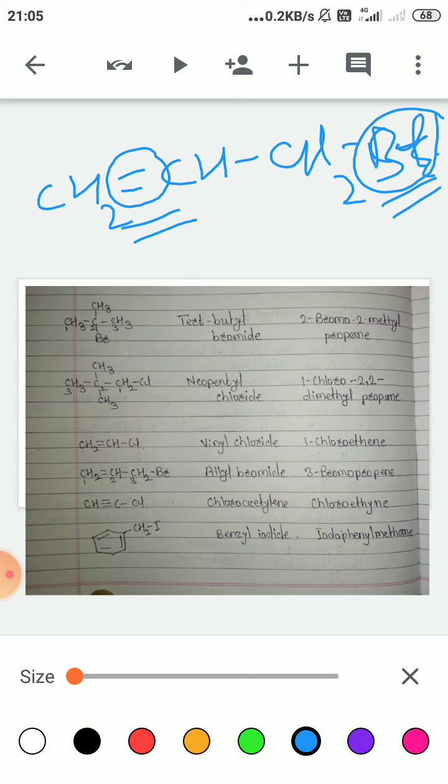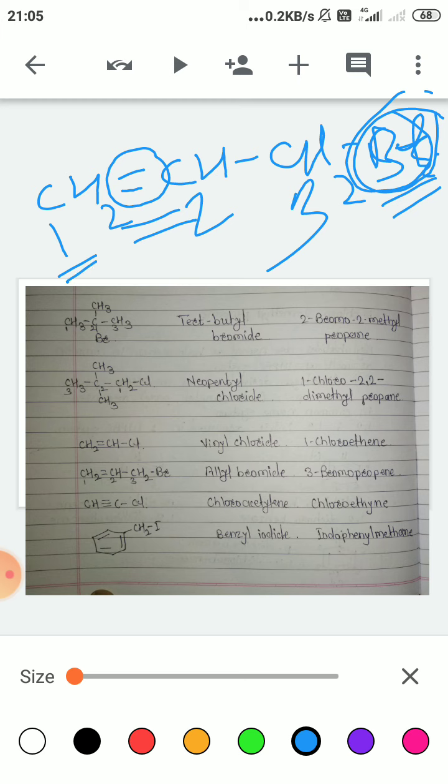Now the name of the compound: we have to number 1, 2, 3. The bromine atom is present on the third carbon atom, and the carbon-carbon double bond is present between the first and second carbon atoms, so the position of the double bond is first.